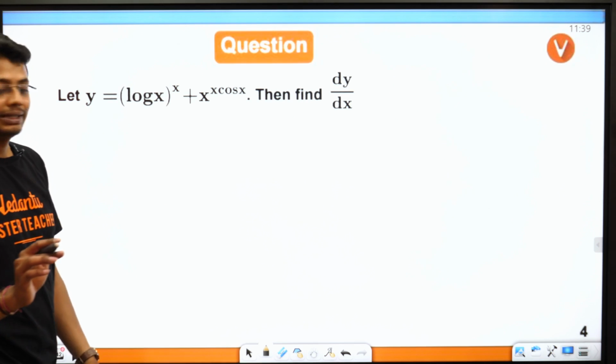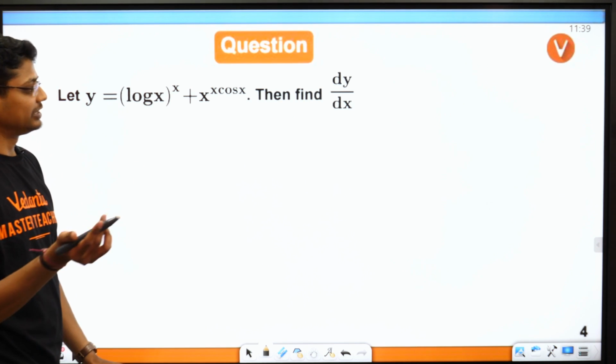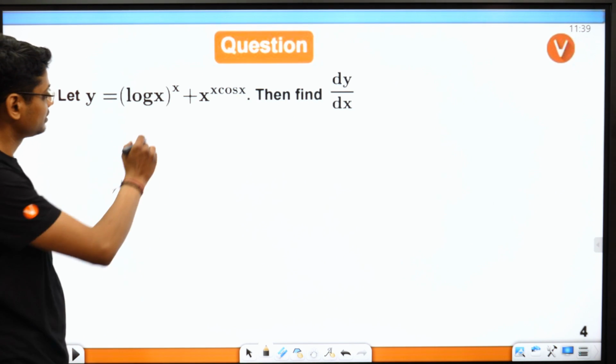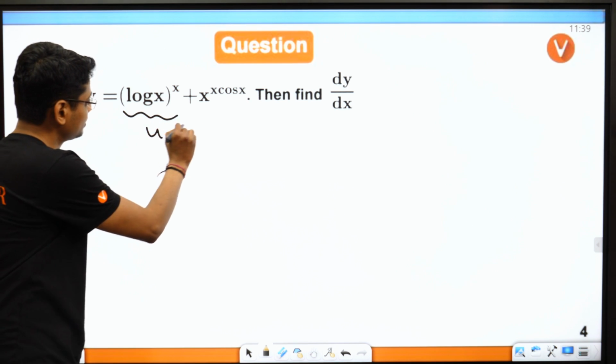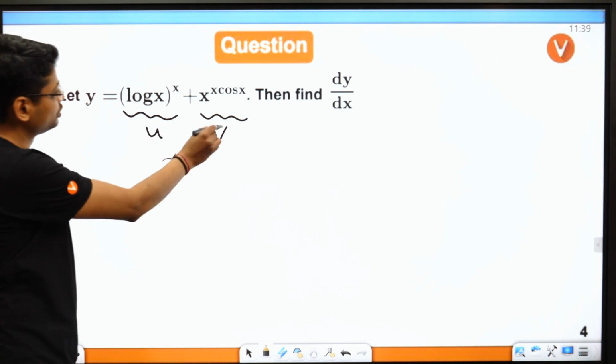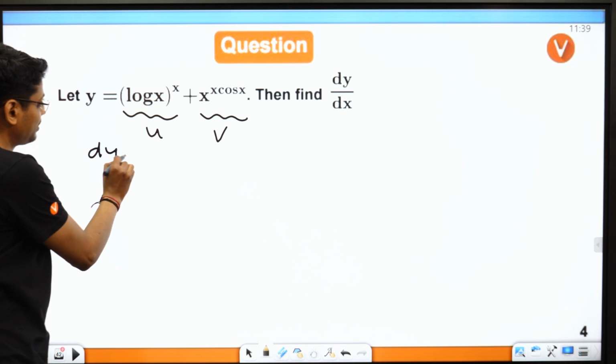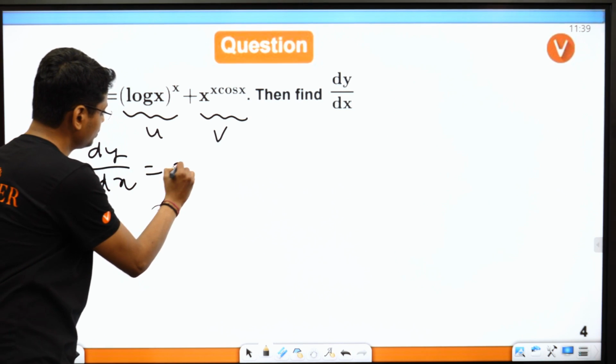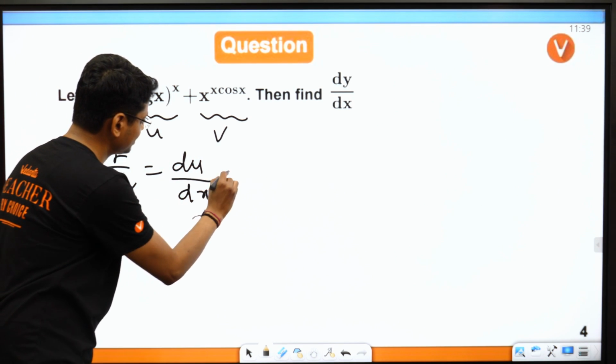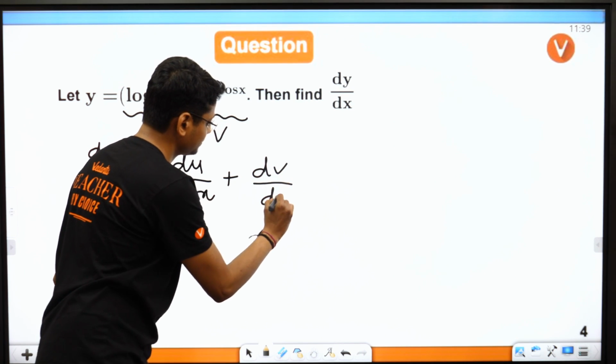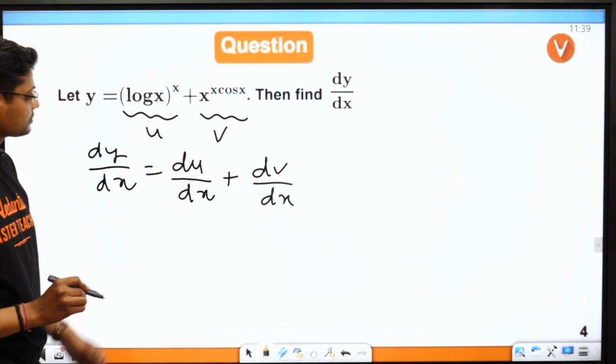So basically, without wasting unnecessary time on calculation, you take this as u, this as v, and dy by dx is equal to du by dx plus dv by dx.